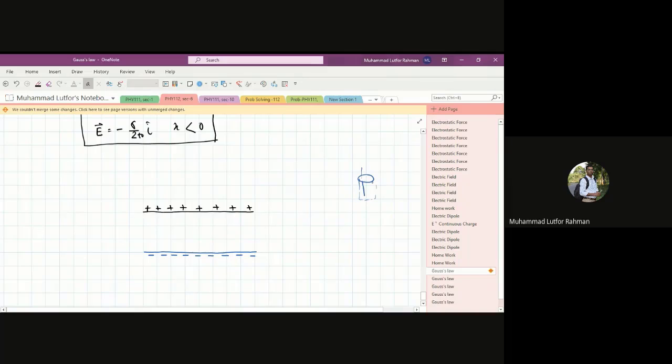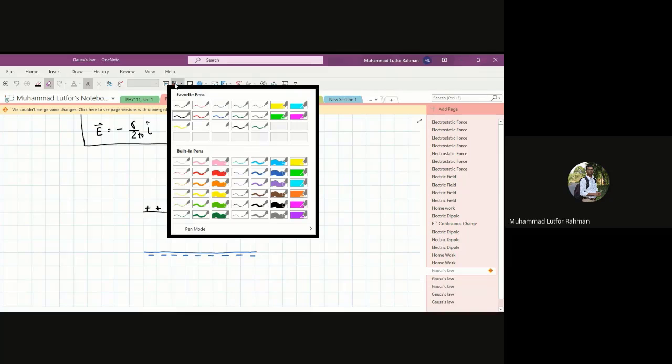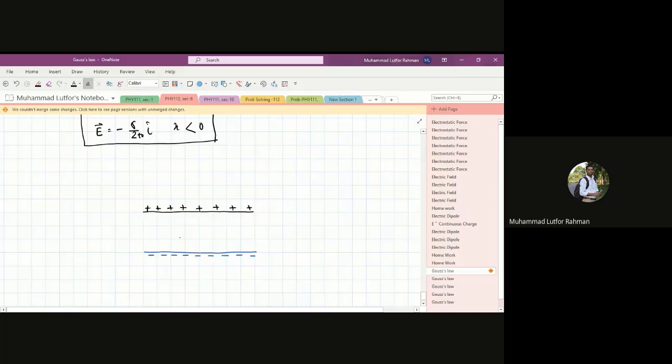One is the positive plate, another is the negative plate. The distance between them is very small. I draw it bigger so that you can understand. So I am to find the electric field for this parallel plate capacitor.